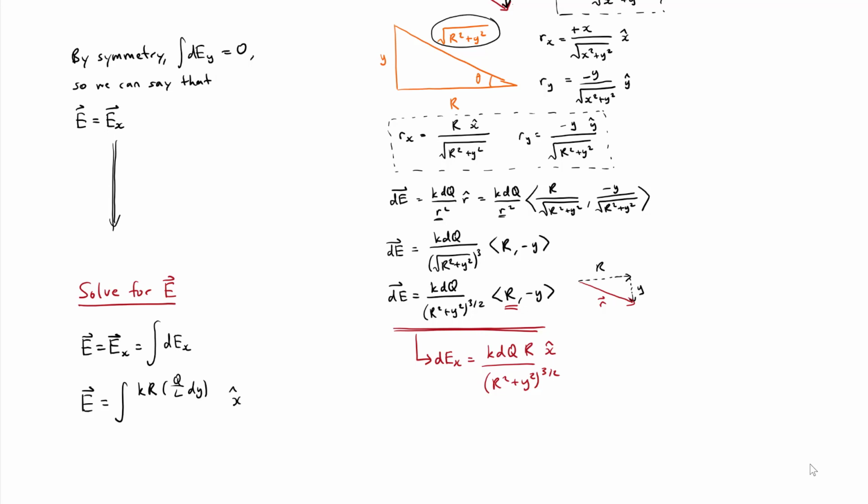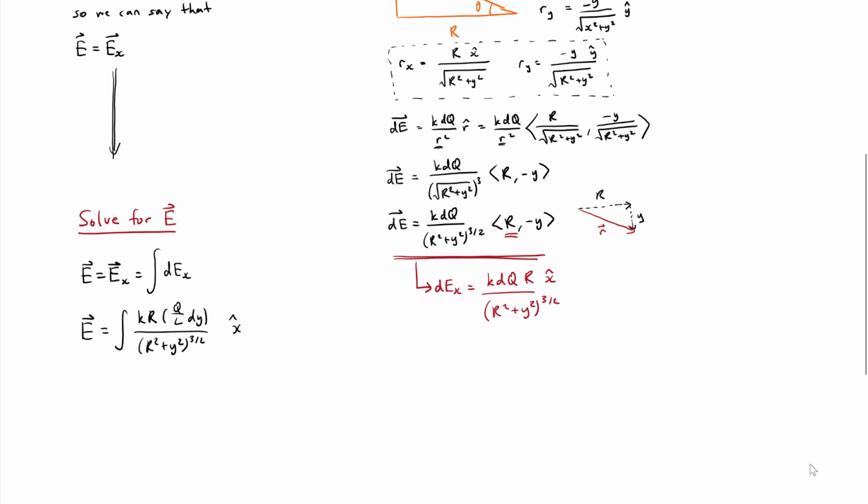The answer is going to be in the x direction, and we have r squared plus y squared to the power of 3 over 2. One thing we're forgetting are the bounds. So when we take a look at the bounds, we're integrating with respect to dy. So that means the bounds are going to be from negative L over 2 to L over 2.